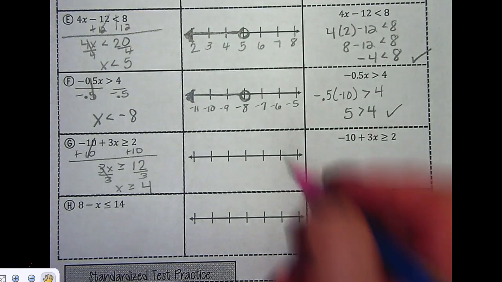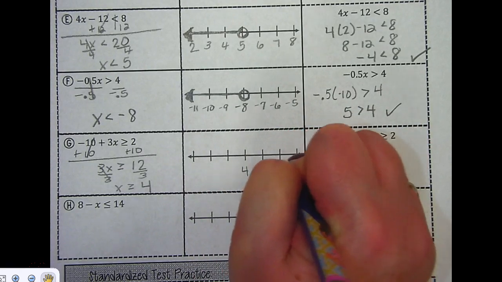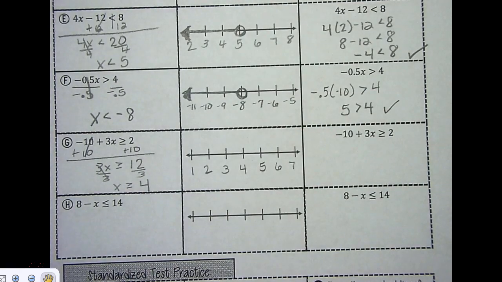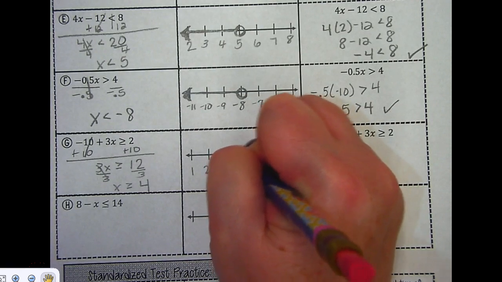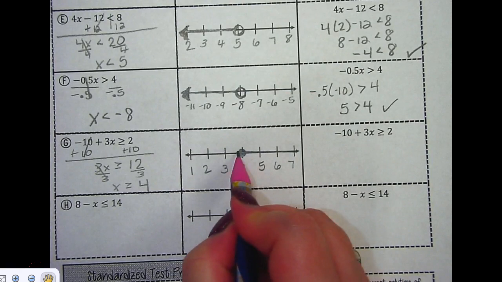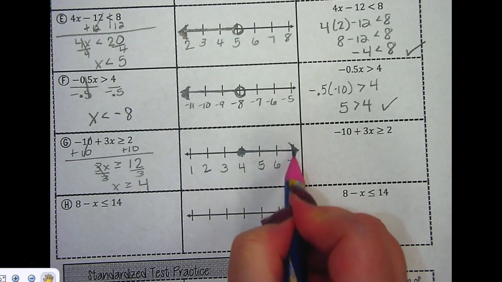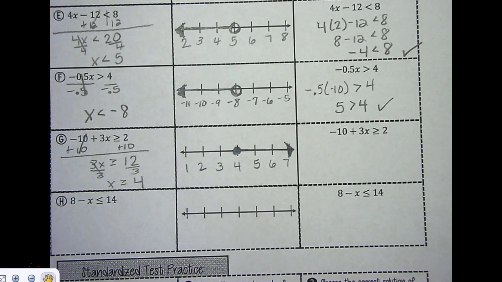What number goes in the middle of my number line? 4. 4, 5, 6, 7, 3, 2, 1. Open or closed circle? Closed circle. And we go this direction. It's a number greater than or equal to 4. All right, what number do we want to try? 5?